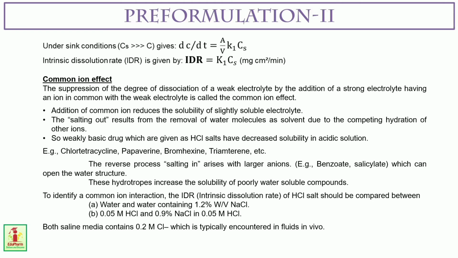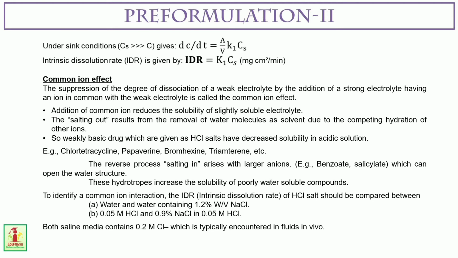The salting out results from the removal of water molecules as solvent due to completing hydration of the ions. So, weakly basic drugs, which are given as hydrochloric acid salts, have decreased solubility in acidic solution. Example: chlortetracycline, papaverine, bromhexine, triamterene, etc.